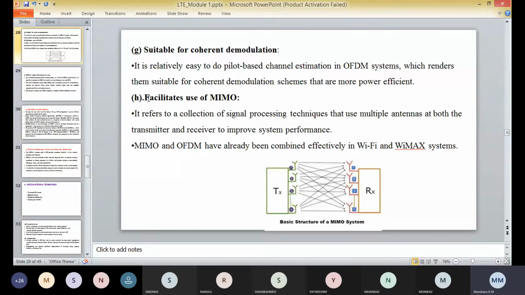MIMO refers to a collection of signal processing techniques that use multiple antennas at both the transmitter and receiver to improve the system performance, thus increasing the system capacity.